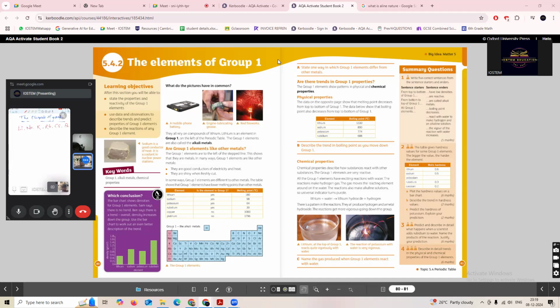These group 1 elements are called alkali metals.